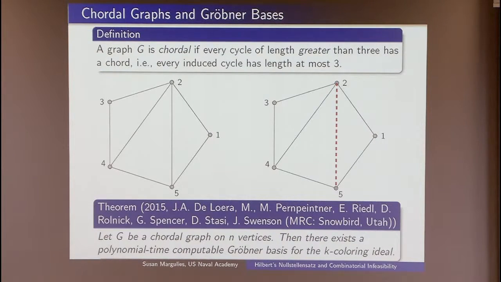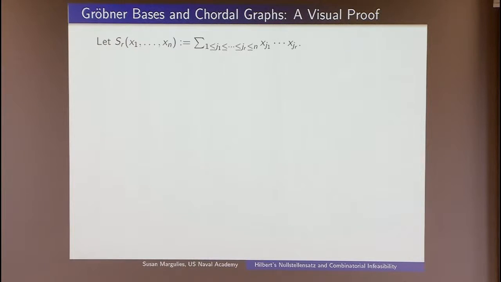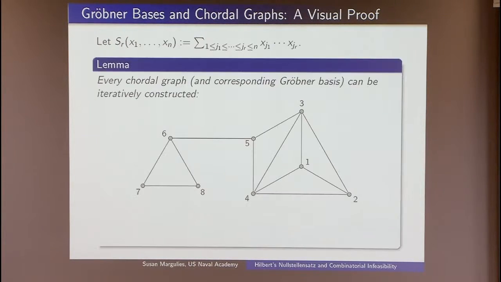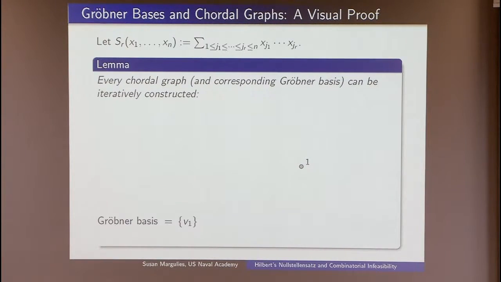So let's take a look. Just visually, let's investigate what happens with this proof. We have a particular polynomial, which we name SR. And here is a graph, and we comment that it's well known that every chordal graph can be iteratively constructed. We're going to use that well-known iterative construction to build a Gröbner basis, and that's kind of how the proof went. If we wanted to iteratively construct this particular chordal graph, we could start with vertex 1 and this associated polynomial.